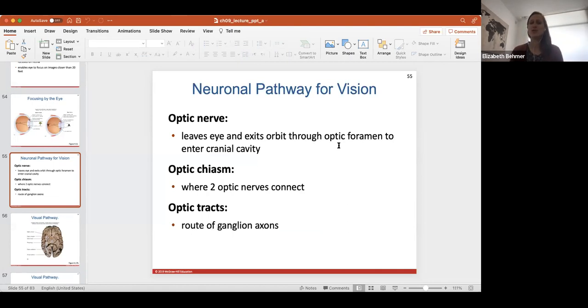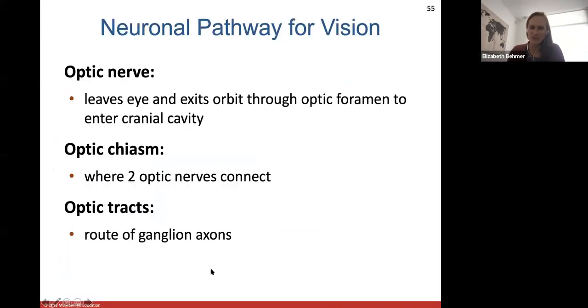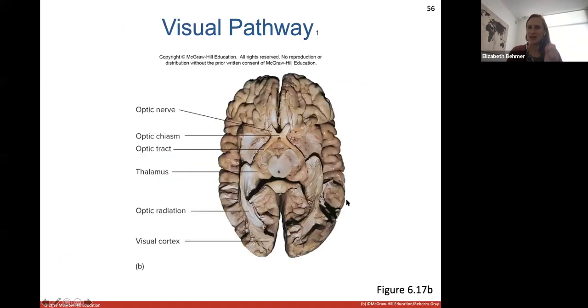So this is the neuronal pathway for vision of the eye itself. Vision is one of your special senses. The neuronal pathway for vision uses your optic nerve, which leaves your eye and exits the orbit through the optic foramen to enter the cranial cavity. Then the two optic nerves that come from your eyes connect and cross over at the optic chiasm, and the optic tracts will be the route of those ganglion axons up to the brain.